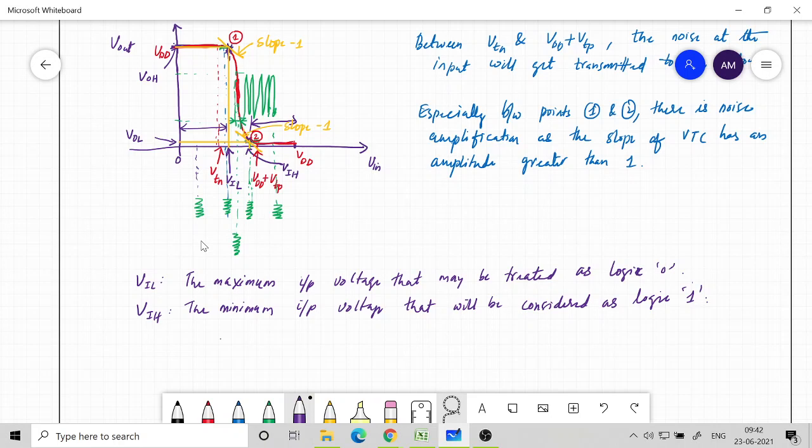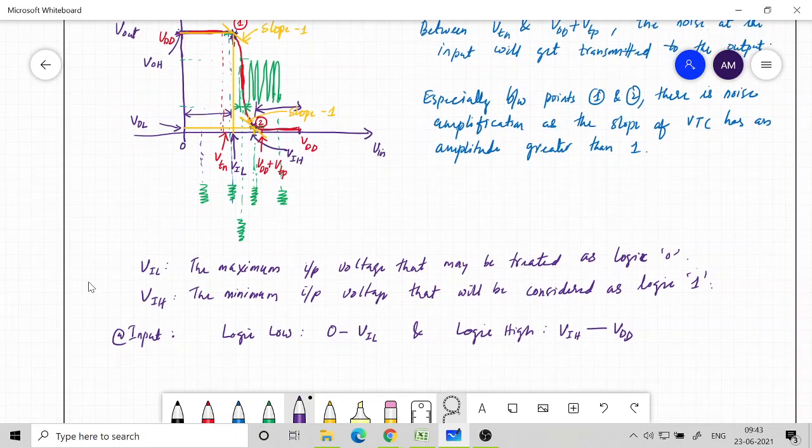In other words, logic low is from 0 to VIL, and this is at the input, and logic high is from VIH to VDD. So this is the range of voltage that we have at the input.